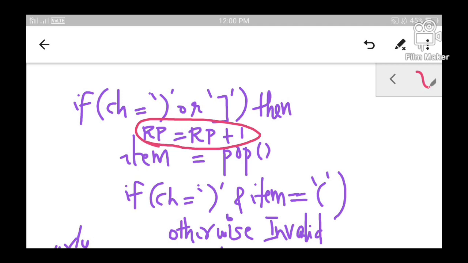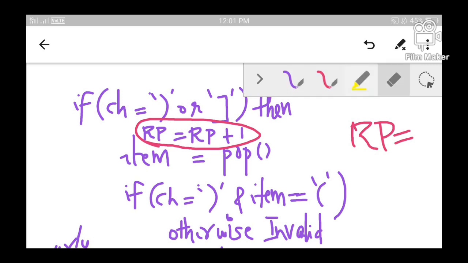RP is a variable which stores the count of the number of right parentheses. Before starting the algorithm, RP should be set to 0, and whenever we encounter a right parenthesis, the value of RP should be incremented by 1. Clear?